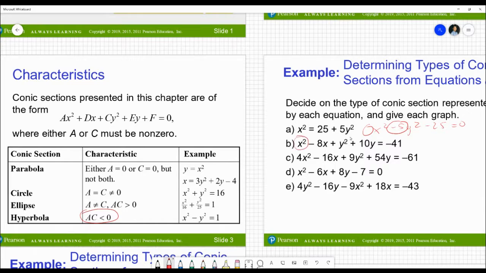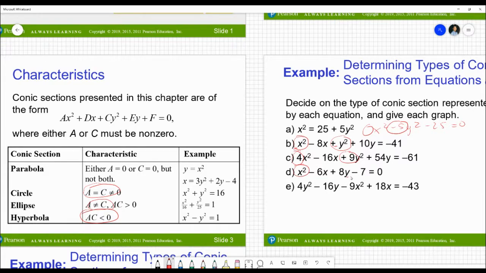Here, you're looking at the x squared and the y squared. Notice that the A and C are the same. If they are the same, we're going to have a circle. And here we have A and C that are different, so we're going to have an ellipse. You have only x squared here. There's no y squared.